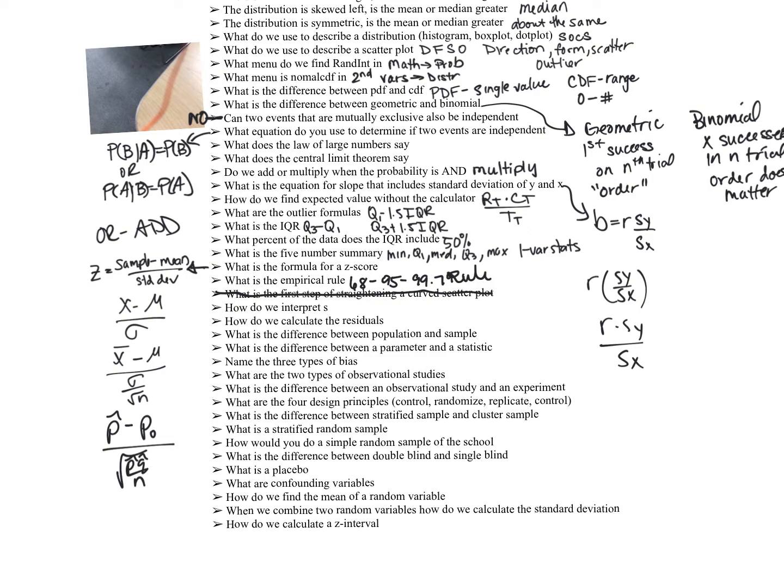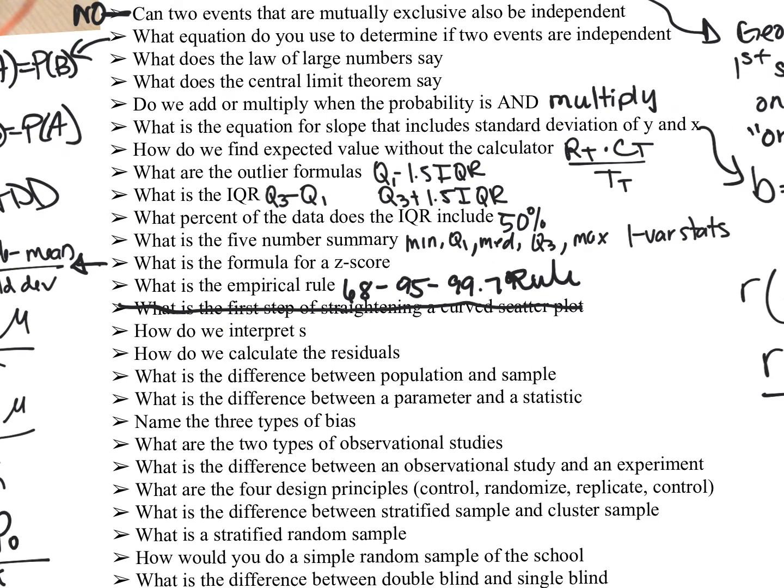Okay, so the next thing we didn't get to in class is how do we interpret s? s is the standard deviation of the residuals. s is given to you in the regression output. So it's the average variation in the residuals.